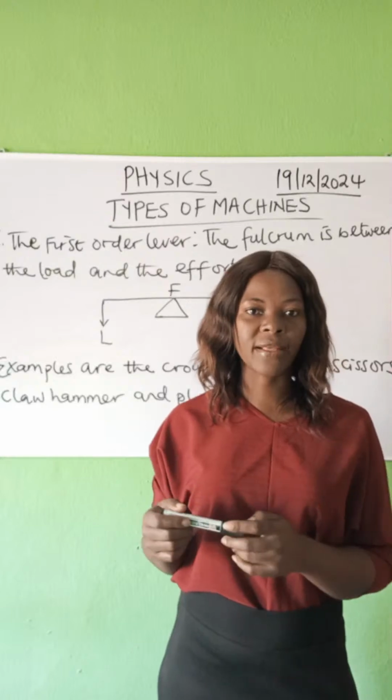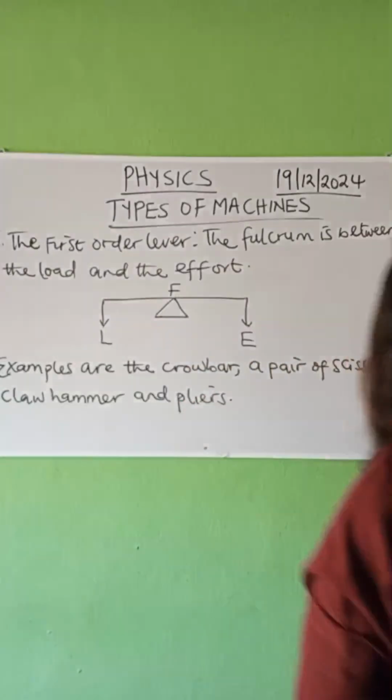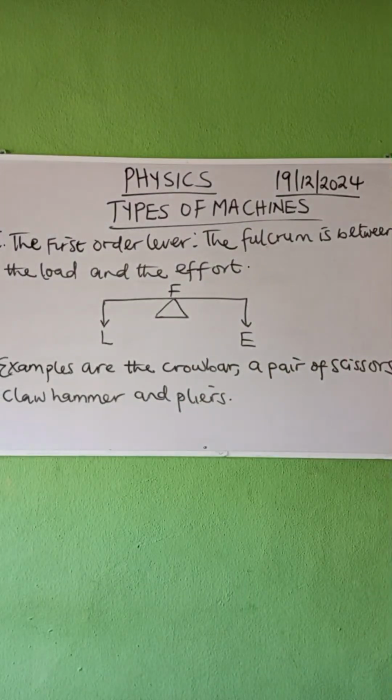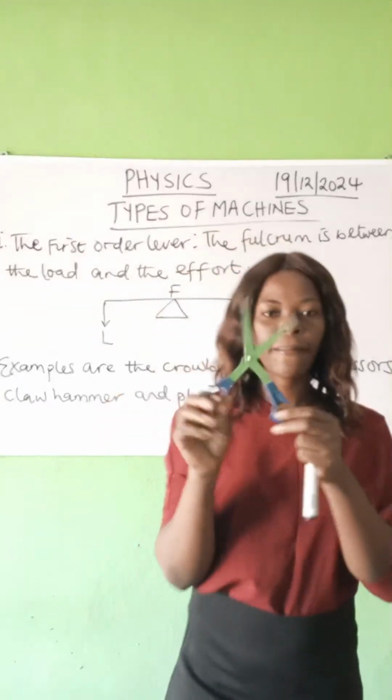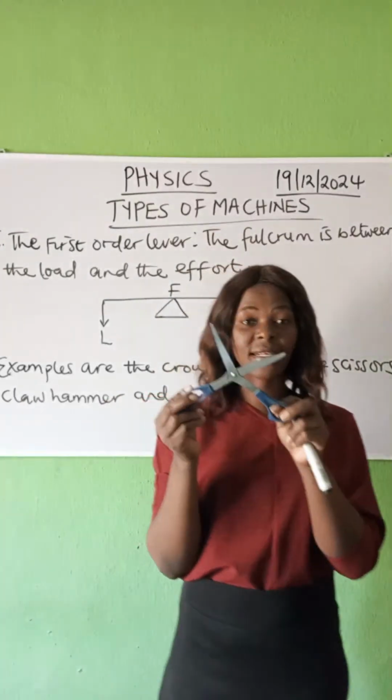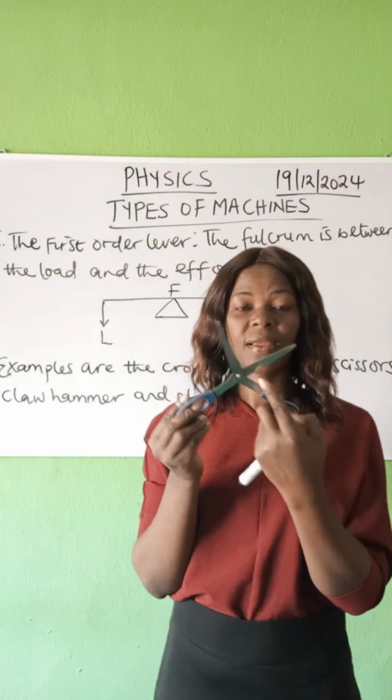I want to show you an example. Now, this is a scissors, which is an example of first order lever, right?